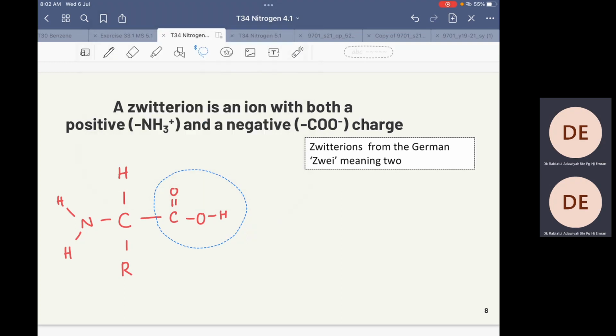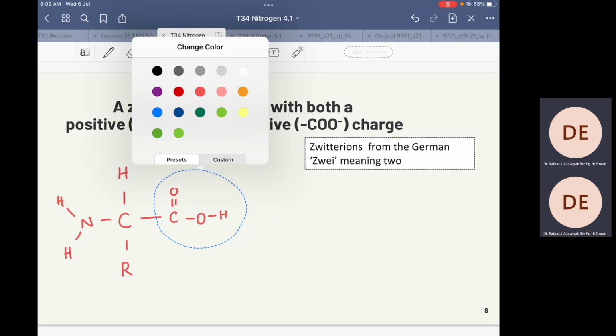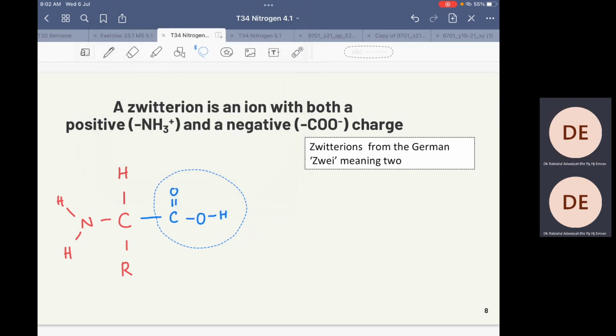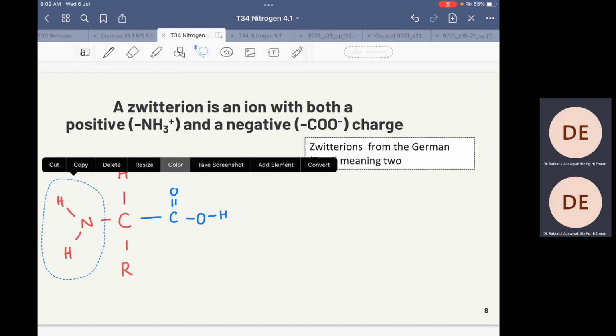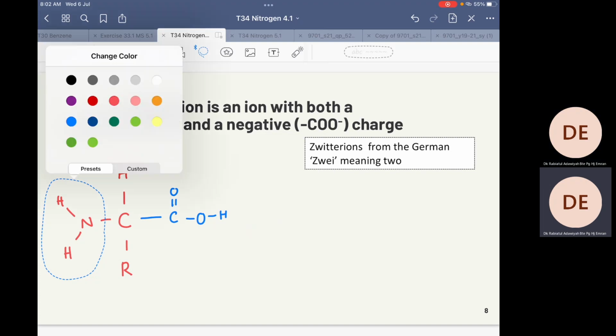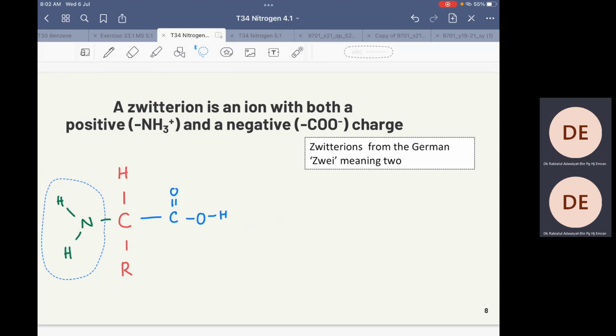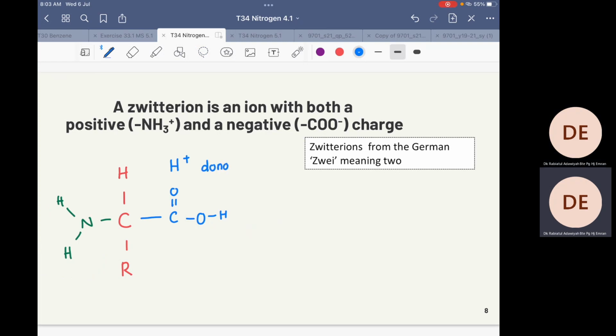Okay, red is fine. Maybe blue. And then the amine group, I change color as green. Okay, so just remember that the acid is a proton donor. It wants to give away its proton. Okay, and an amine, which is a base, is a proton acceptor.